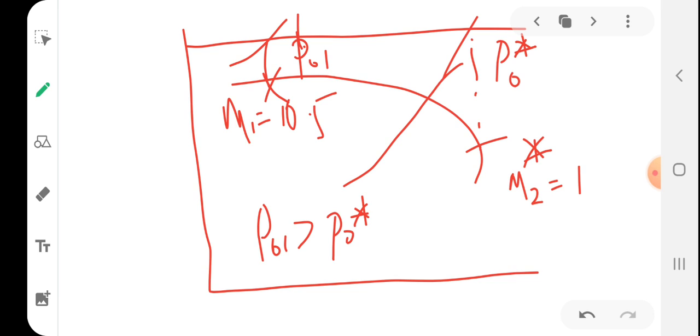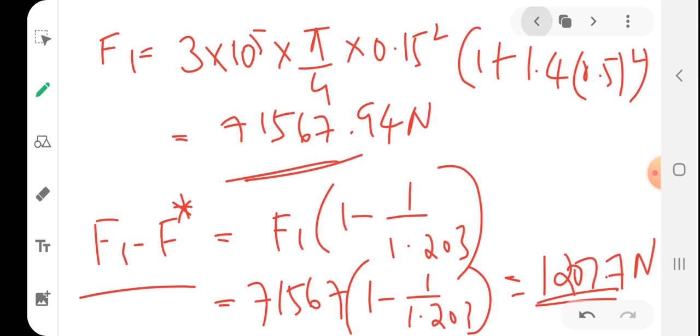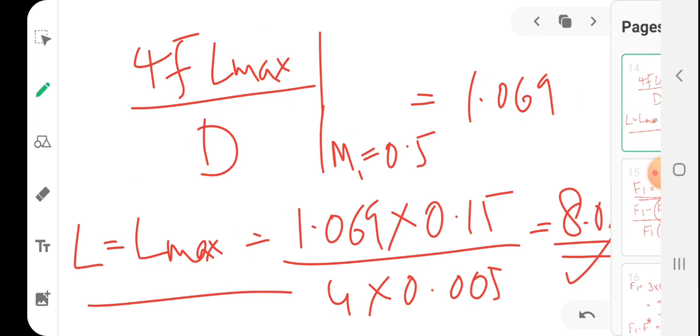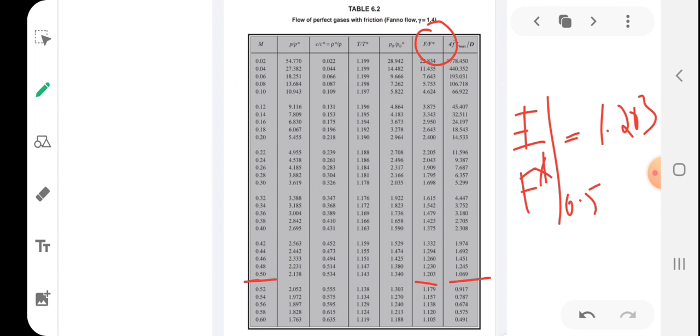So there is a loss in stagnation pressure. If you look at the Fanno table, you can see a column for P0 by P0 star. Corresponding to 0.5, P0 by P0 star is 1.340.